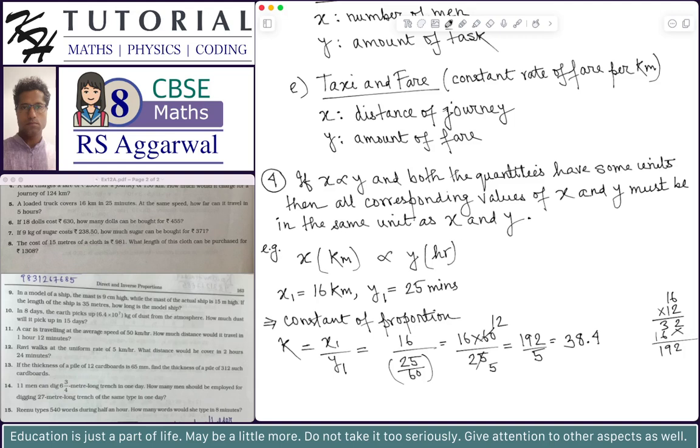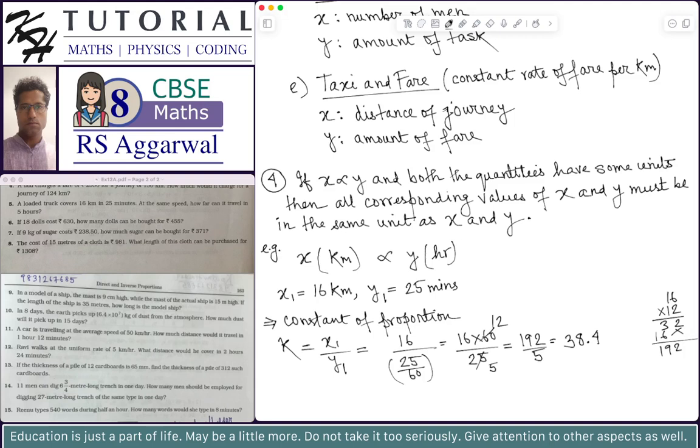So let's say if x varies directly with y, and both quantities x and y have some units, then all the corresponding values of x must be in the same unit as x, and all the corresponding values of y must be in the same unit as y.